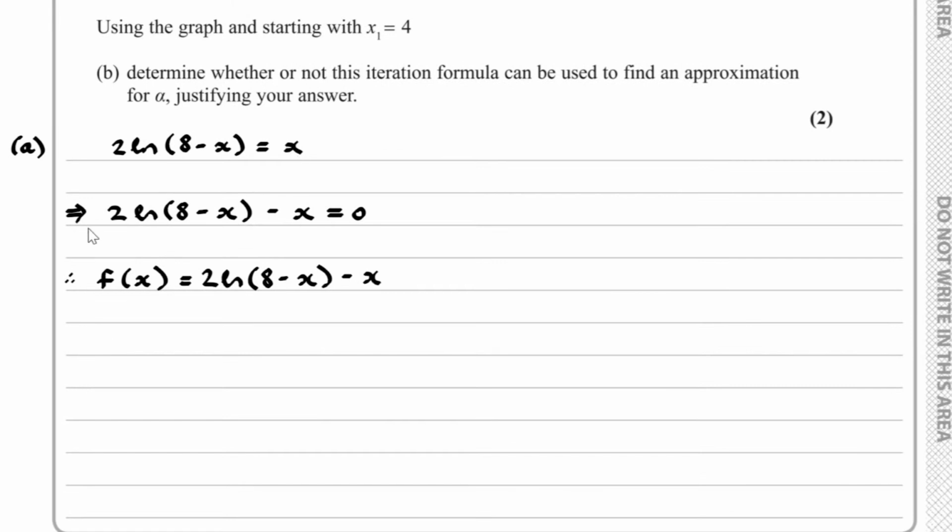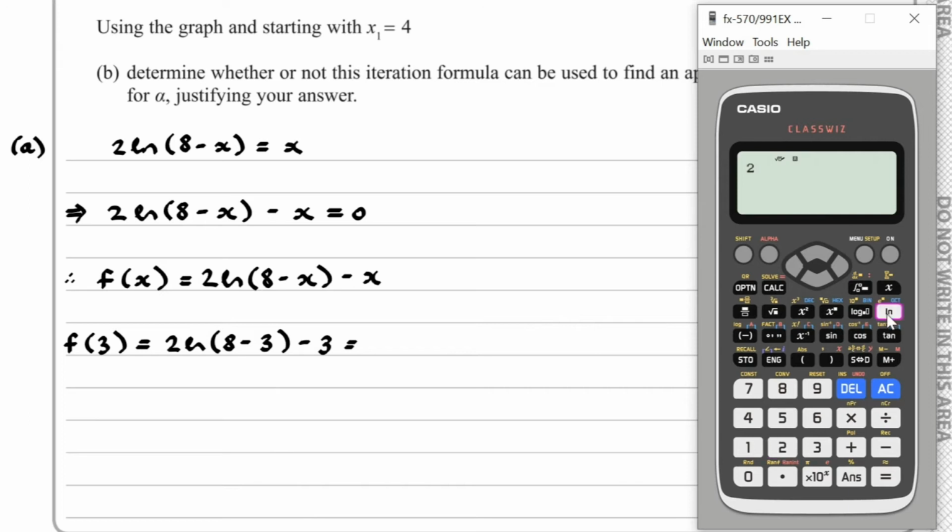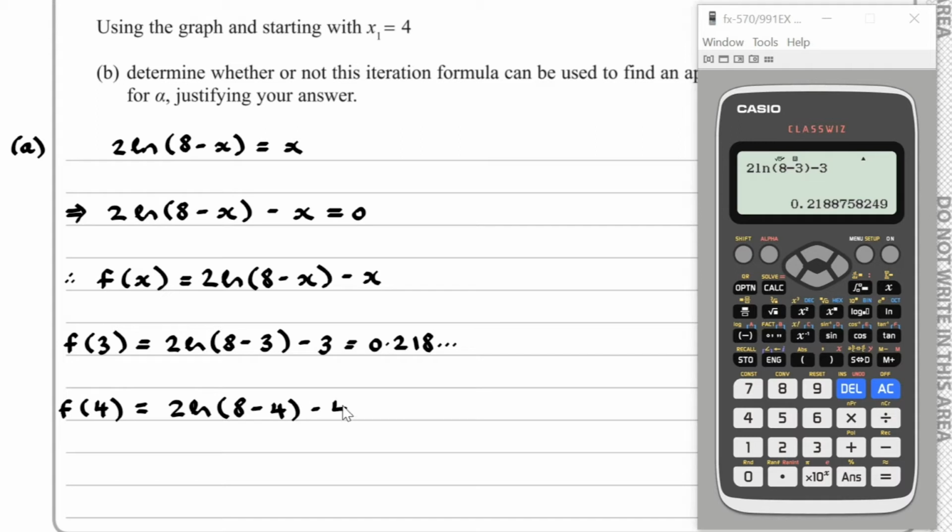And so if we work out what f of 3 is, we've got 2 times the natural log of 8 subtract 3 subtract another 3. It turns out here we get 0.218, etc. And f of 4 is equal to 2 times the natural log of 8 subtract 4 subtract 4.